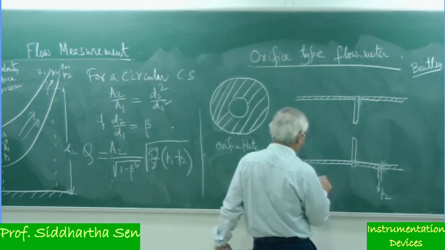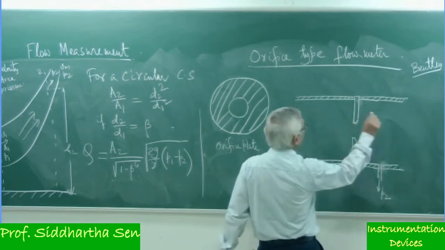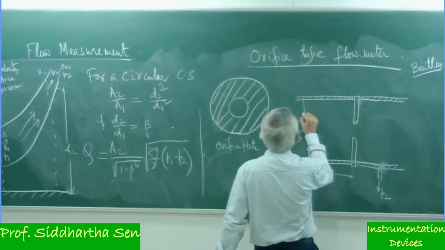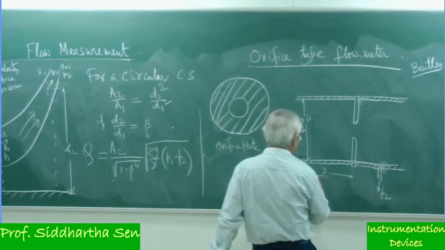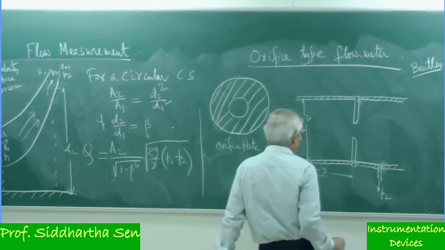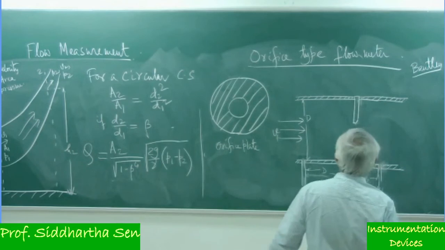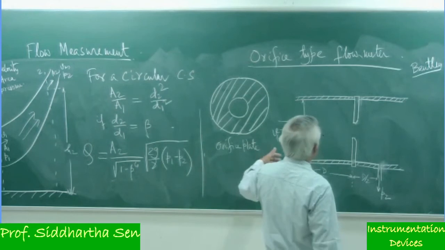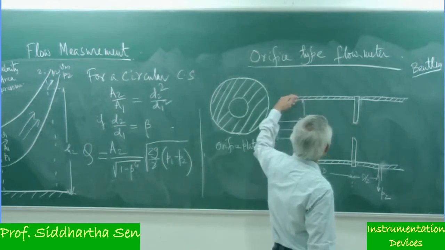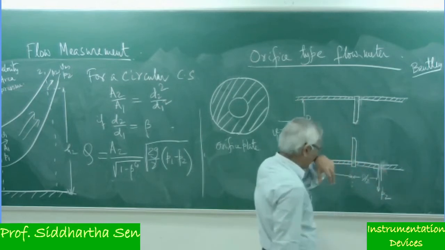If the pipe diameter is D, one tapping should be at a distance D from the orifice, and the other at a distance of D by 2. So you put the orifice inside and you put some tappings here.